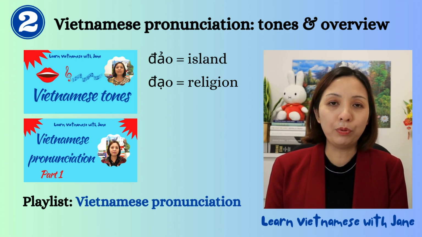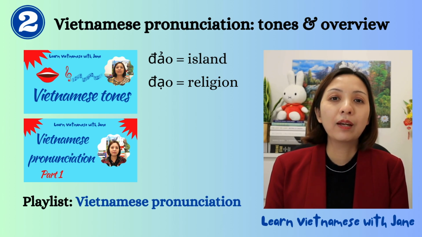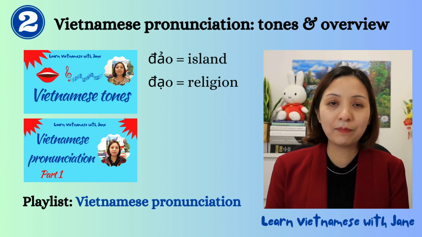For example, the word đảo. When I speak with the tone hỏi, it means island. But when we speak with the tone nặng, which is lower tone, it means religion. So when I say đạo, it means religion.